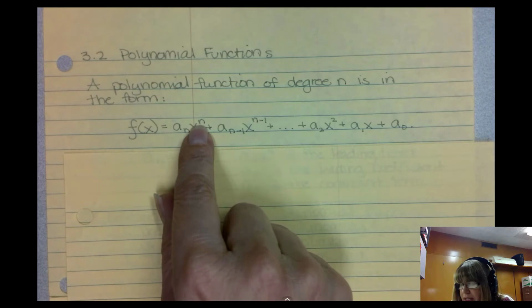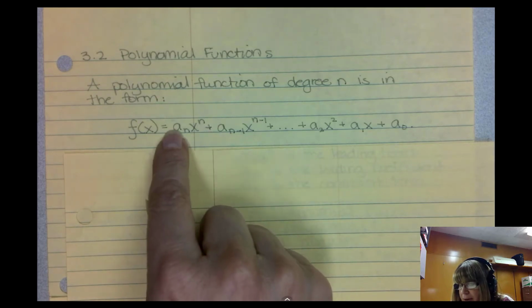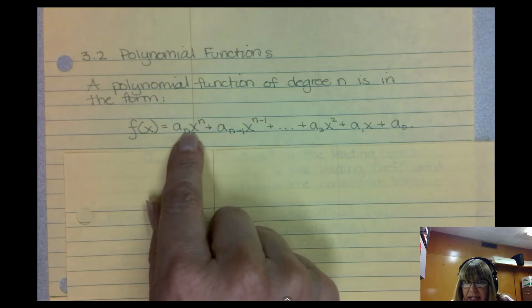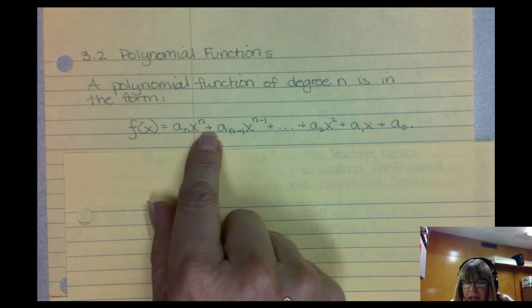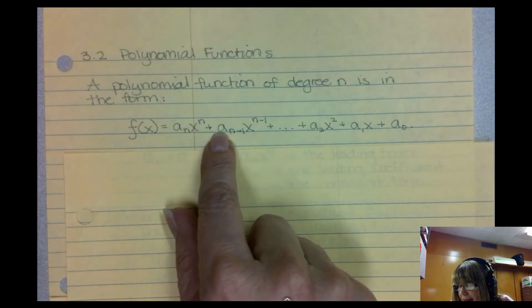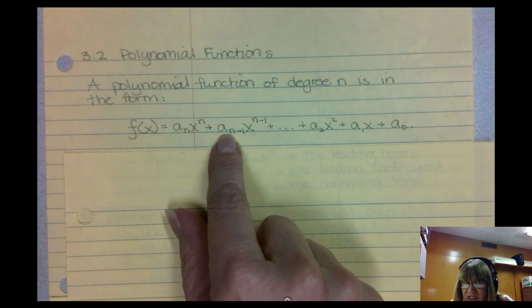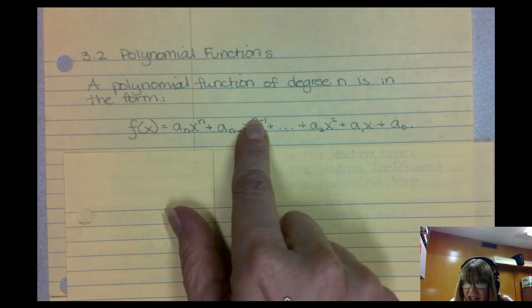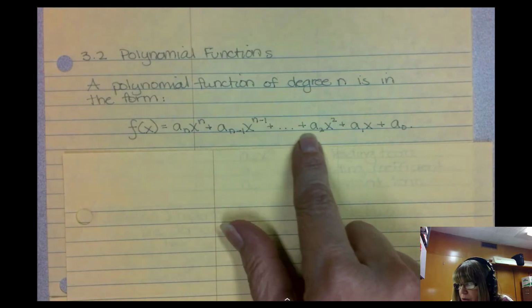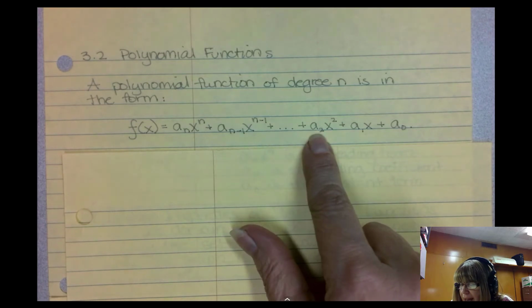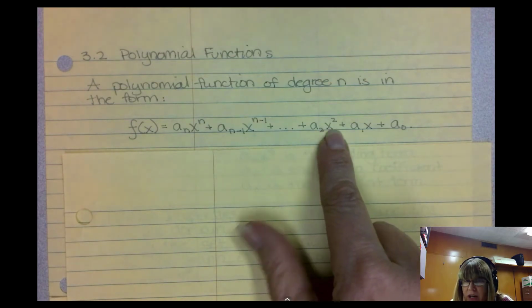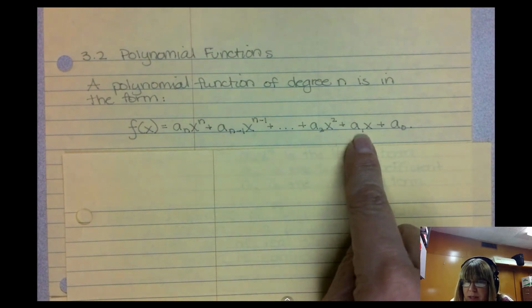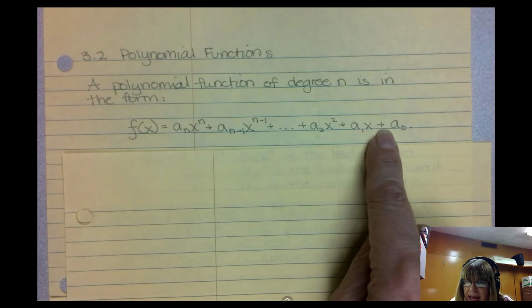So if this was 10, this would just be a with a subscript of 10, x to the 10th power. The next one would be a with a subscript of 9, x to the 9th power, all the way down to a with the subscript of 2, x squared, plus a with the subscript of 1, x, and a with the subscript of 0.